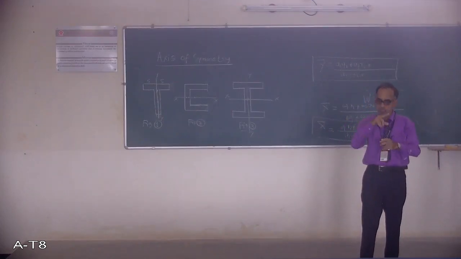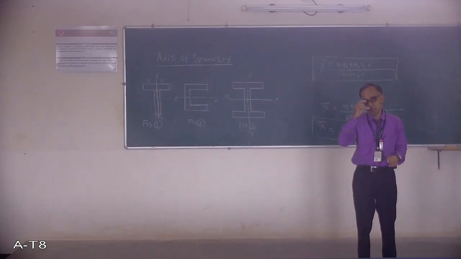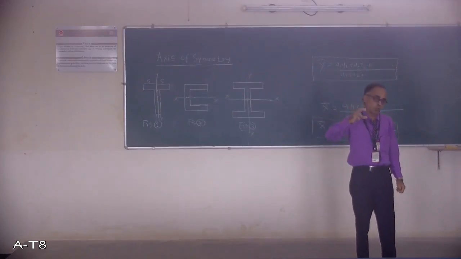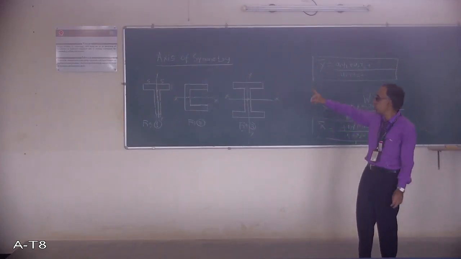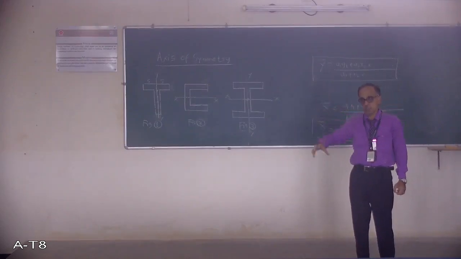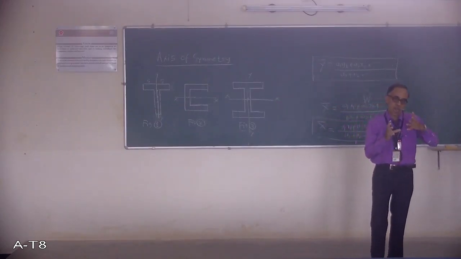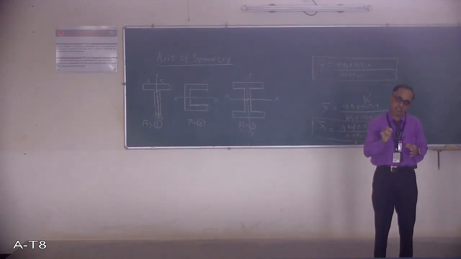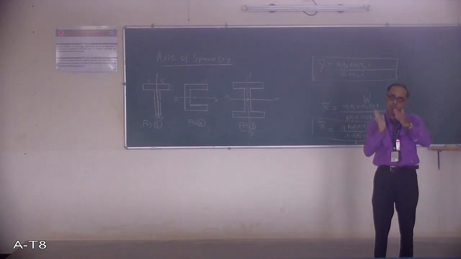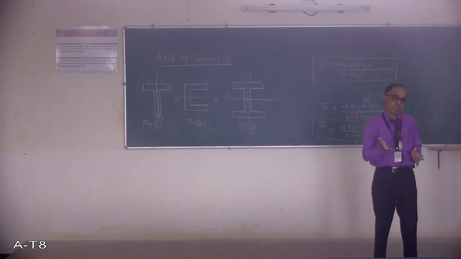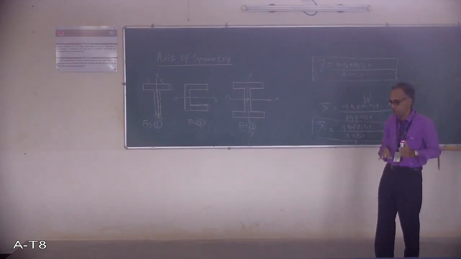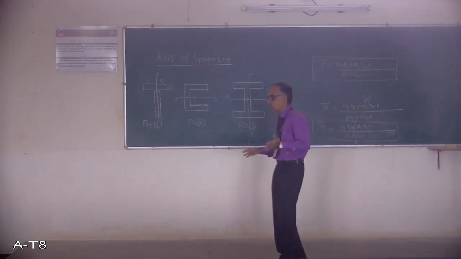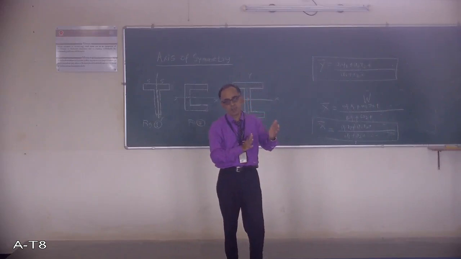That is why I divided the same plate into a number of small parts, W1, W2, W3, W4. In the figure I showed W2; like that it contains a number of parts. If you add W1 plus W2 plus W3 plus W4 and so on, you get the total weight W. The same weight W is divided into a number of parts. Then I applied Varignon's theorem: the moment of the resultant is equal to the sum of the moments of the individual forces about the same axis or same point.